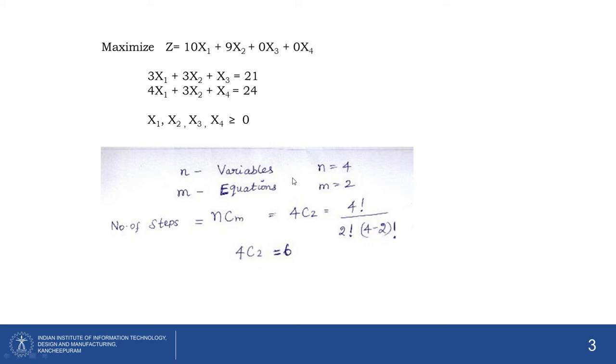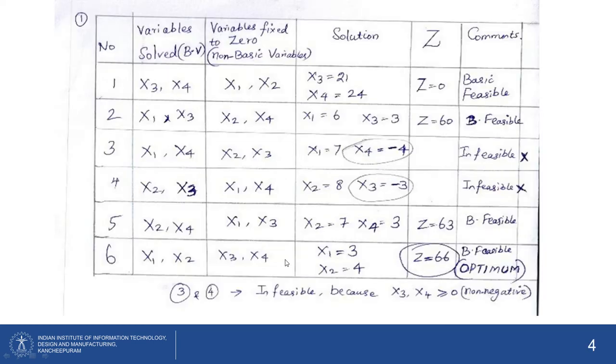How many steps are required is decided by nCm, where n is the number of variables and m is the number of equations. There are four variables and two equations, m = 2. So 4C2 is 6, so in this problem we have 6 steps.